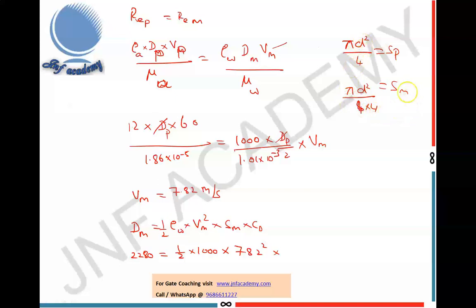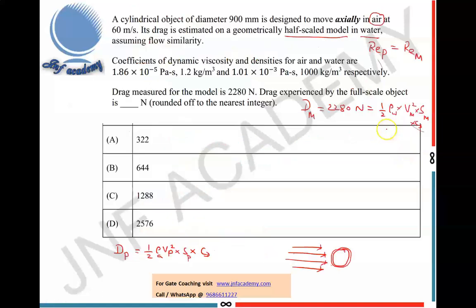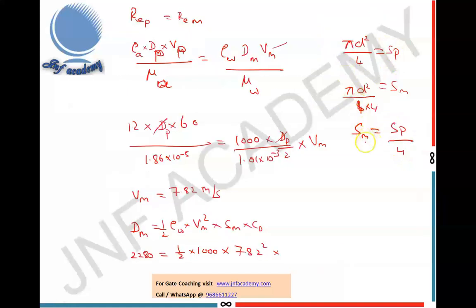So basically, if you rewrite this, SM, which is nothing but the wetted area, surface area of the model, is equal to SP by 4. You should not put 2 here. Don't think that because it is a half scaled model, the area will be half of the prototype.